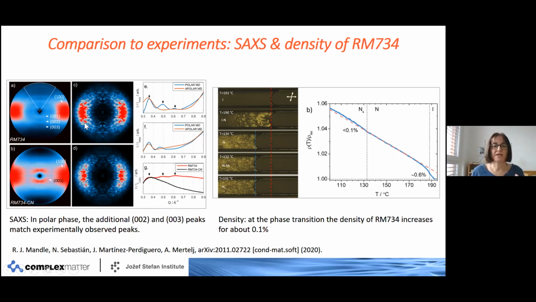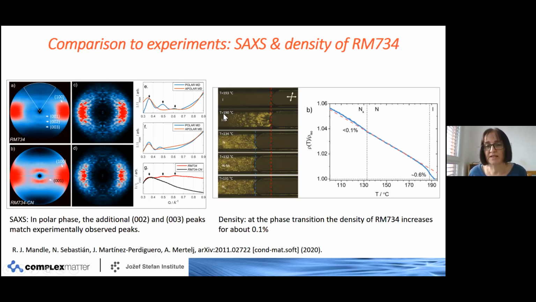And when calculating the scattering pattern from the synthetic data, we observe in RM734 also three peaks, two additional ones, which are at the exact same positions as the ones observed in the experiment, and this supports the validity of the molecular dynamics simulations quite significantly.